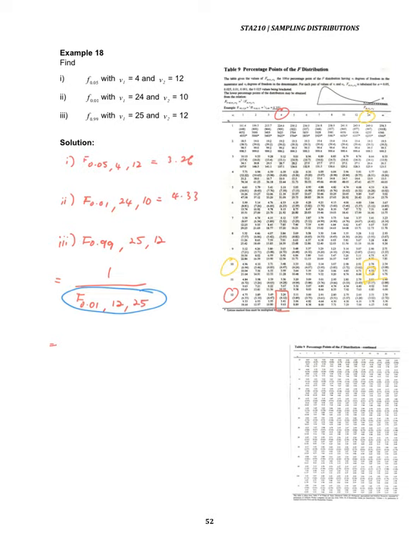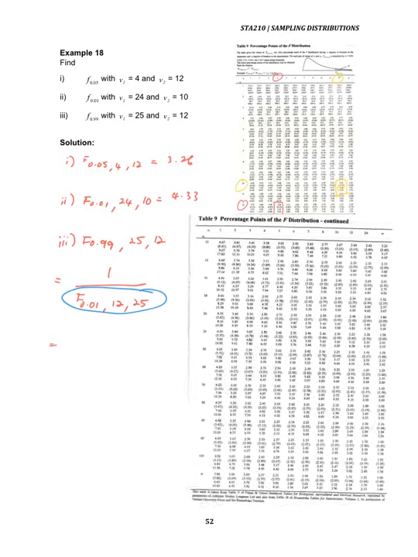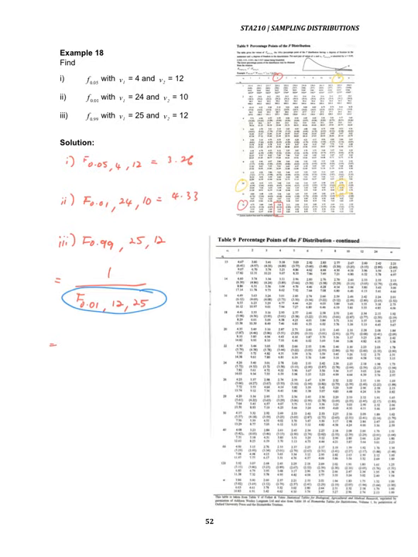Okay. So kita tengok 12 is here. Dan 25. Oh, so maksudnya kita kena tengok page lagi satu lah. Okay, this one. Kita nak cari F 0.01, 12 dan 25.